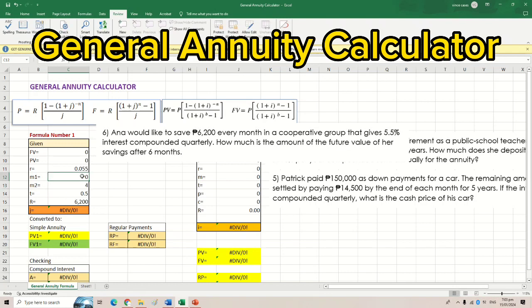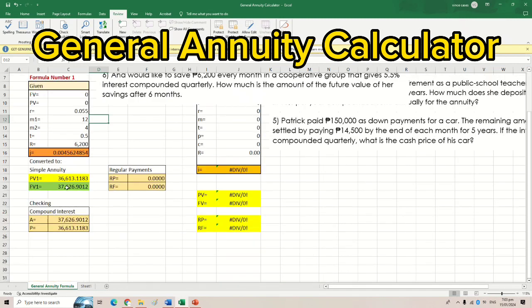And then our M1, we have to change this quarterly to match the payment interval, which is every month. So we'll change this to monthly, and monthly is 12. Okay, and there you go, everything set. And the future value will be this one, 37,626. Okay, let's check this again for consistency.